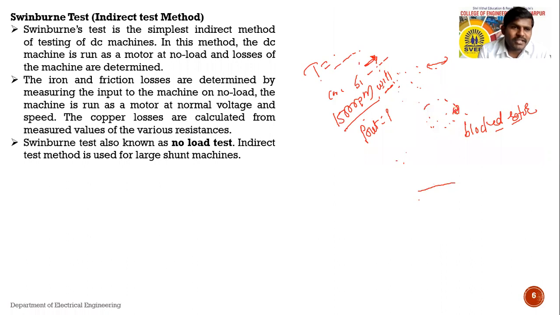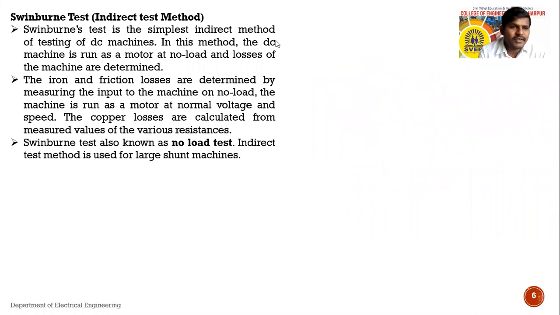In the indirect method of testing, the Swinburne test will come. We have already discussed the Swinburne test while performing the practical. The Swinburne test is the simple indirect method of testing in the case of a DC machine.